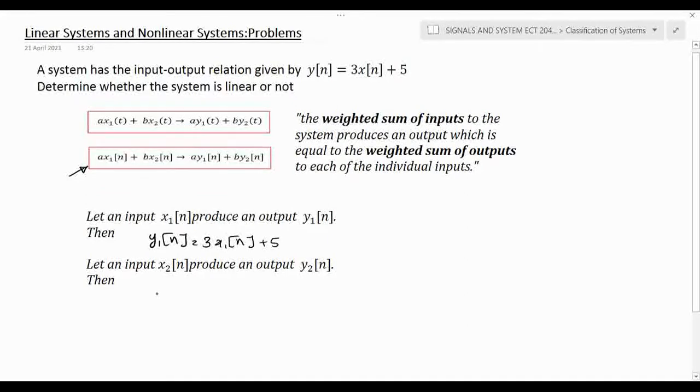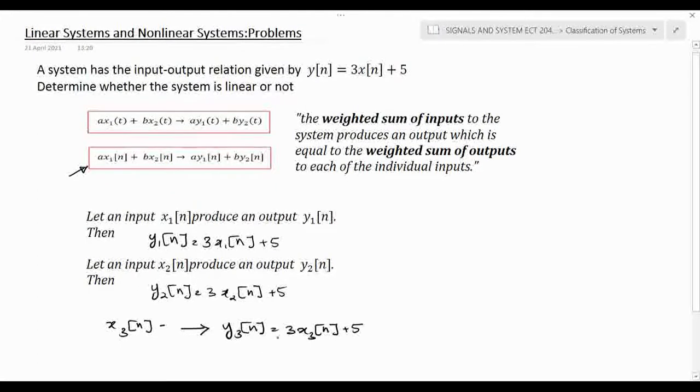And similarly, for the second input x2 of n, the output is y2 of n, and you can write the expression like this: 3 into x2 of n plus 5. And you can consider a third input x3 of n, and the corresponding output is y3 of n, and y3 of n can be written as 3 into x3 of n plus 5.